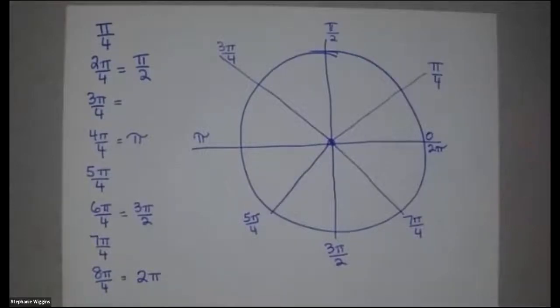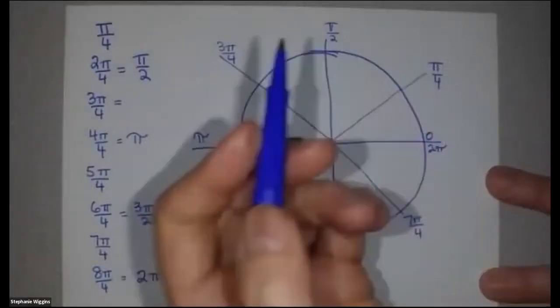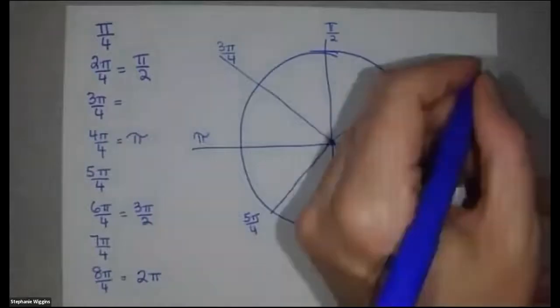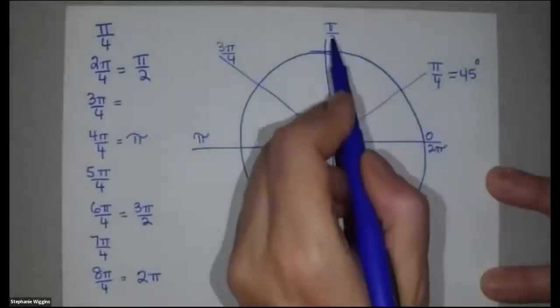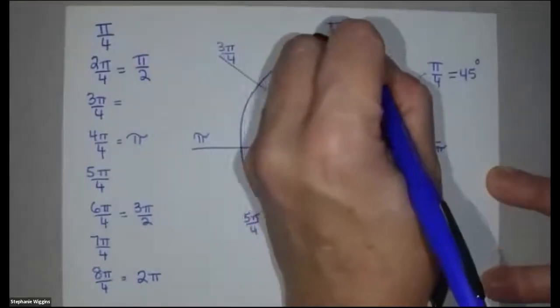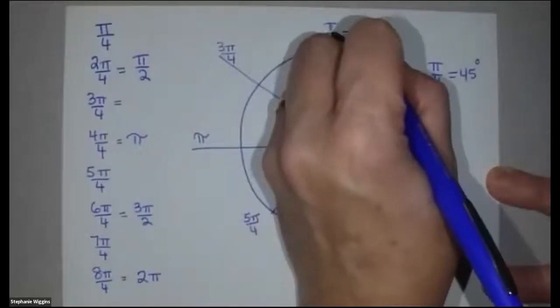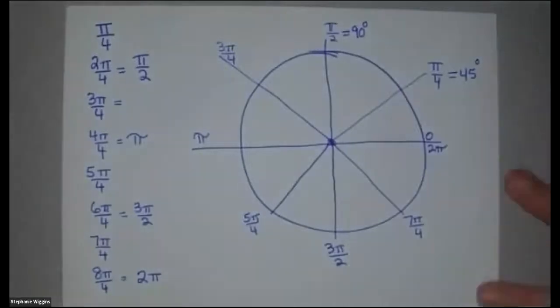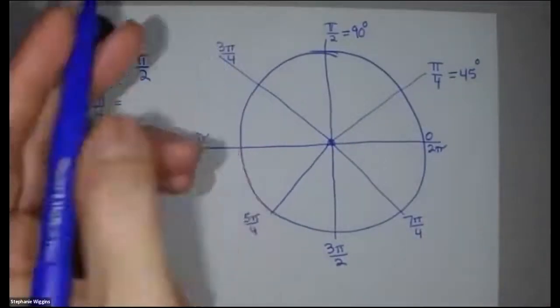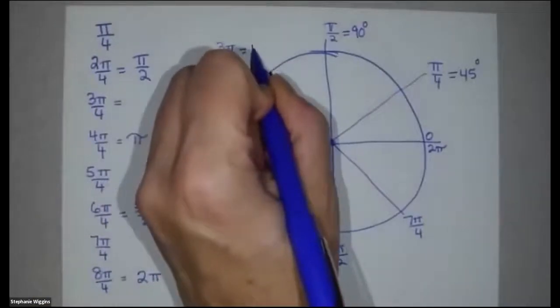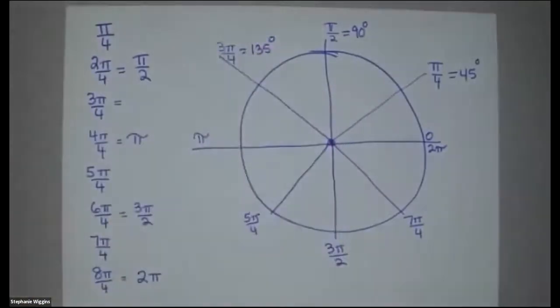And just so that we can work in degrees as well, let's go ahead and fill in the degrees. So pi over 4 is 180 divided by 4, which is 45 degrees. Pi over 2 is 180 divided by 2, which is 90 degrees. Then you've got 3 pi over 4, which is 3 times 45, which is 135 degrees.